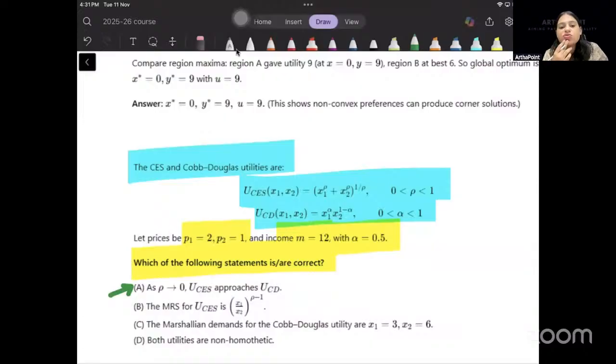As rho tends to 0, the utility function of CES approaches Cobb-Douglas. Is it true or false? Answer this.